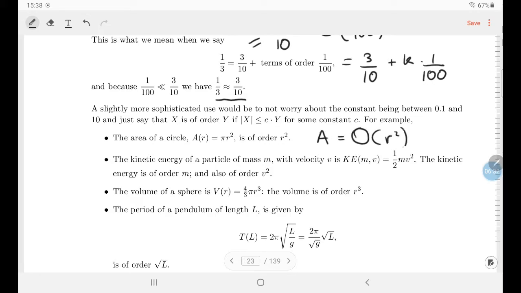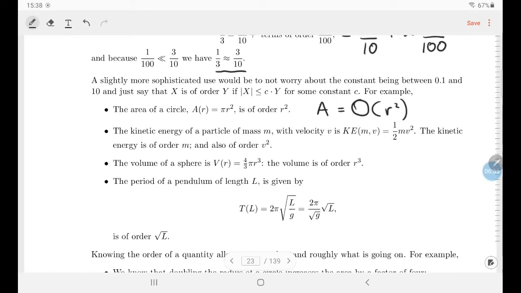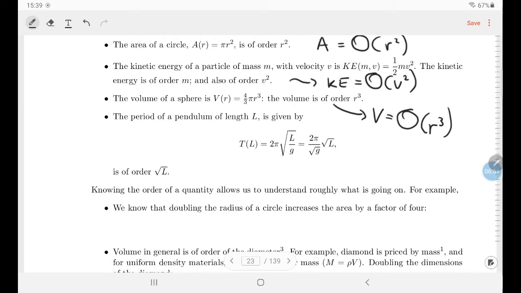And this is where the important bit will come into it. So for example, here we'll say that the kinetic energy, which is actually a function of two variables, is certainly of order v squared. Here we get that the volume of a sphere is of order r cubed, and for a pendulum, the period is of order square root of L.